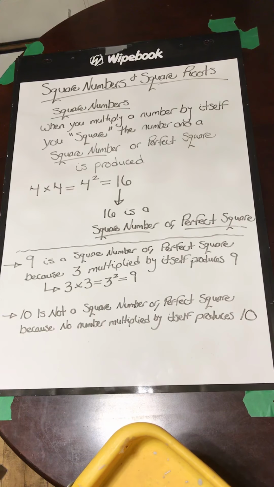when you multiply a number by itself, you square the number, and a square number or perfect square is produced.